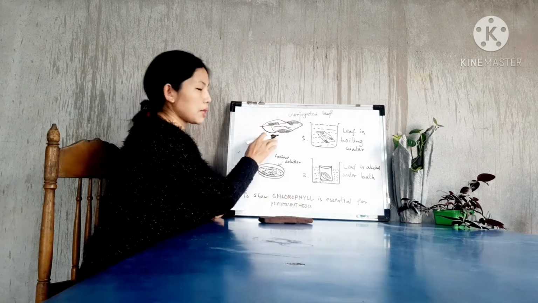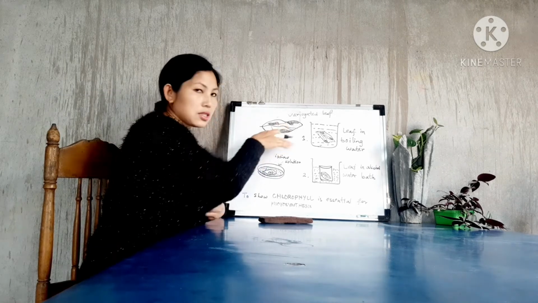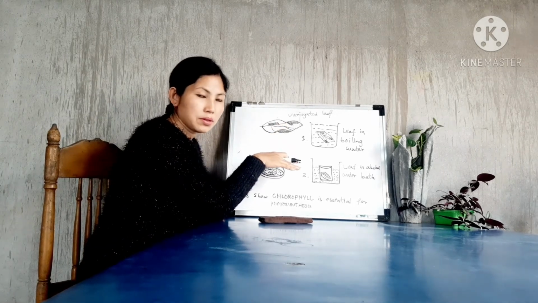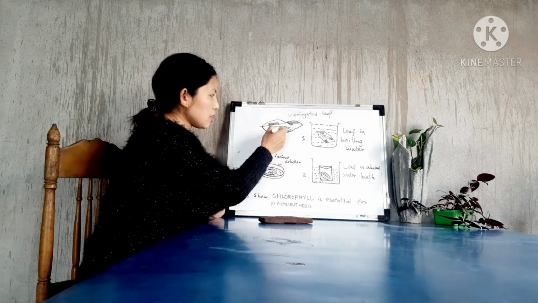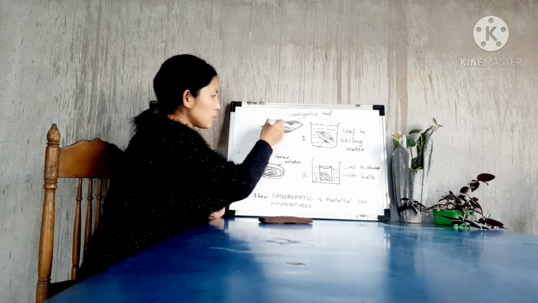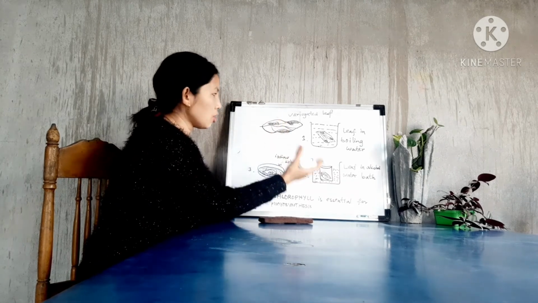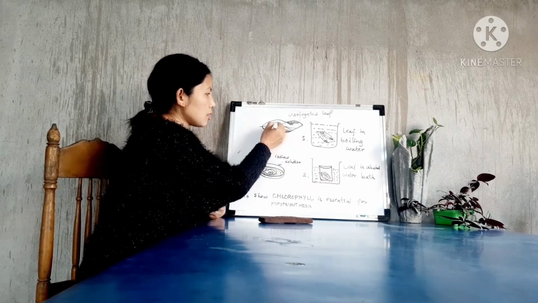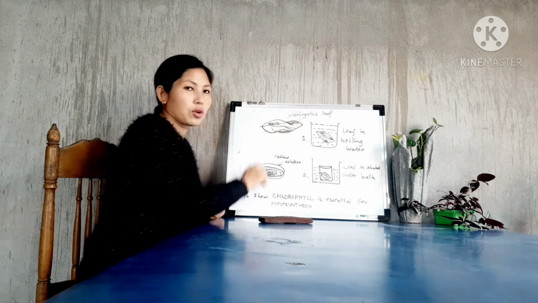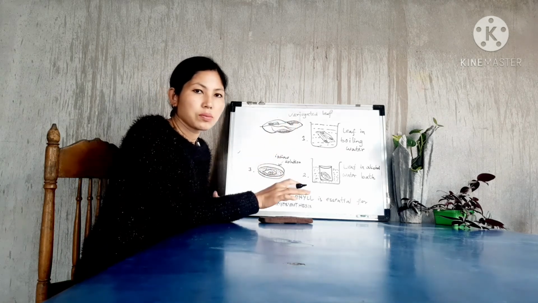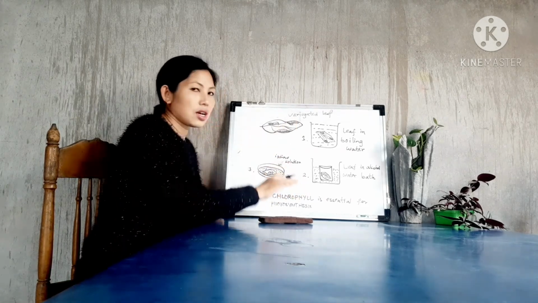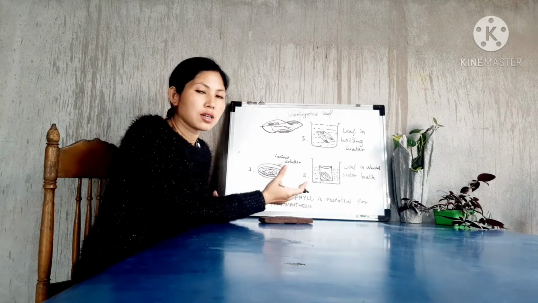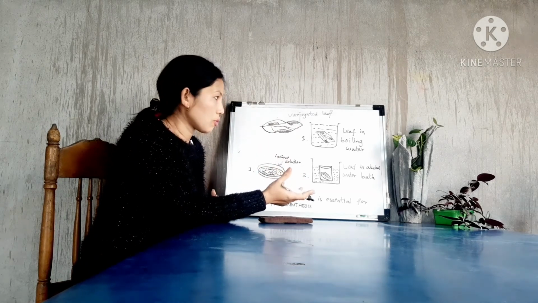Suppose we have plucked this leaf, and we will place it on a white sheet of paper, and then we will mark the areas which are the green part and which are the non-green part. Let us suppose in this leaf, this dark colored part is the non-green part that does not bear chlorophyll, and the rest are green in color due to the presence of chlorophyll.